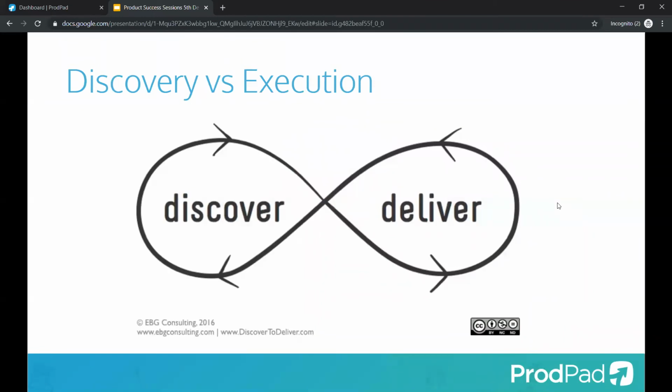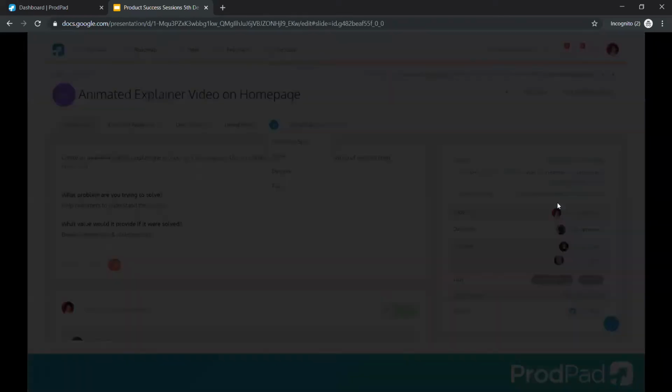In previous experience, I was in quite a small company trying to balance both the strategic side of product and the execution side, and I kept being dragged into execution and not being able to focus on strategy. But when I implemented ProdPad, I could focus on strategy and keep the execution running quite nicely. I didn't have to be as involved. So ProdPad, by sitting upstream, helps you keep both processes moving nicely along.